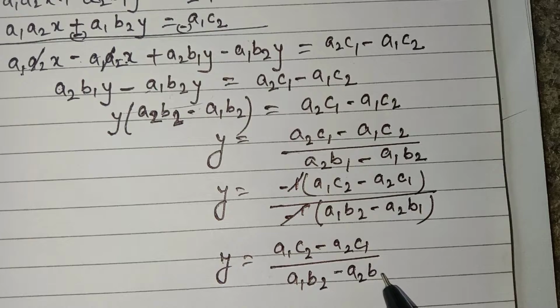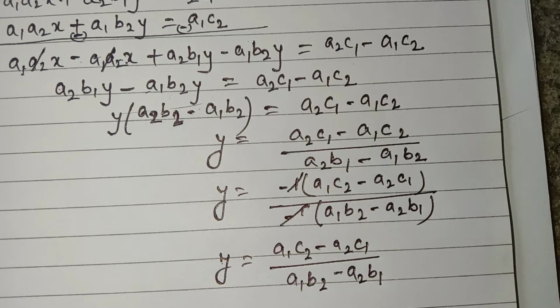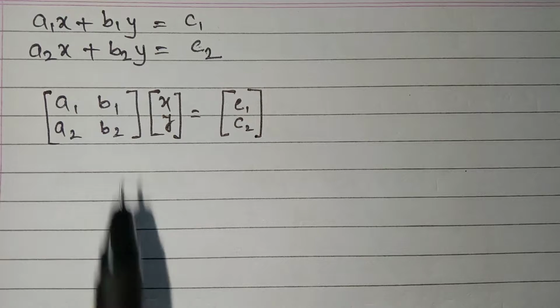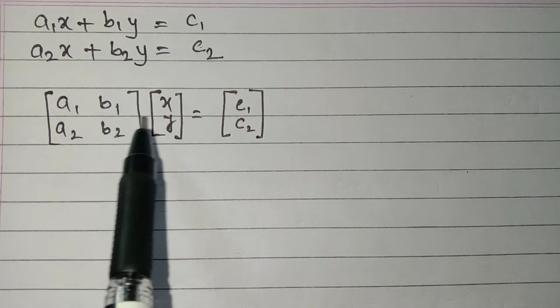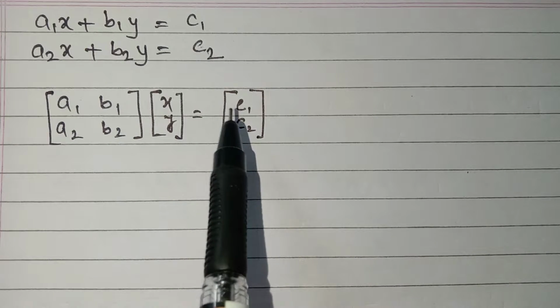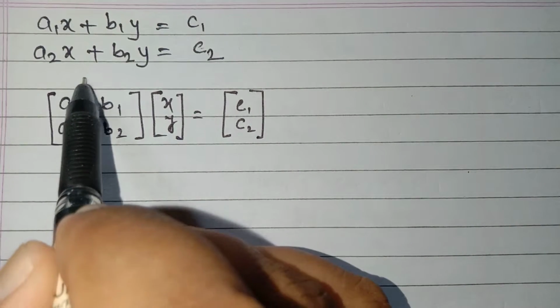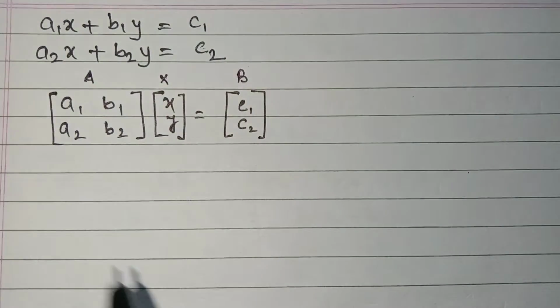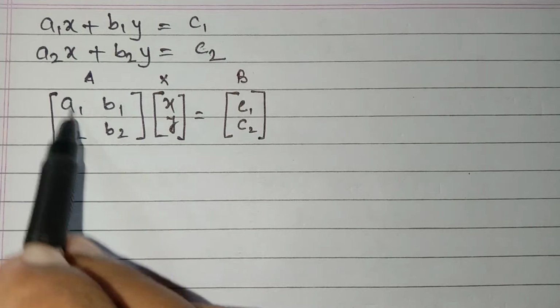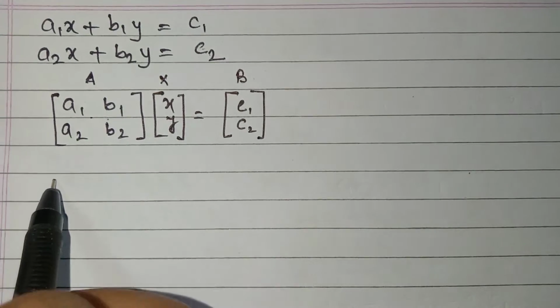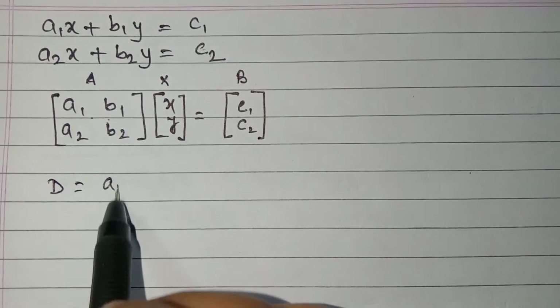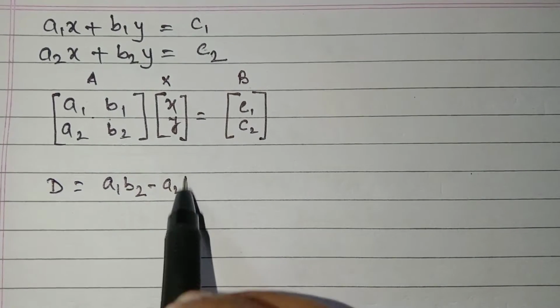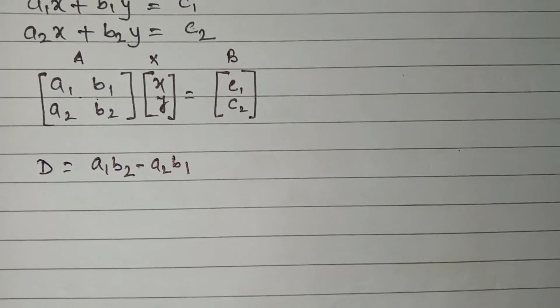Okay. So now let's check what these terms are that we got, y equal to and x equal to. Here we can see the same equations can be written in the form of matrices like this. So this is matrix A, X and matrix B. From here I get the determinant of this matrix as a1b2 minus a2b1.